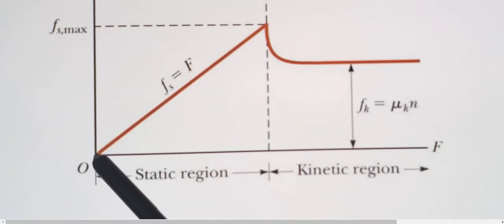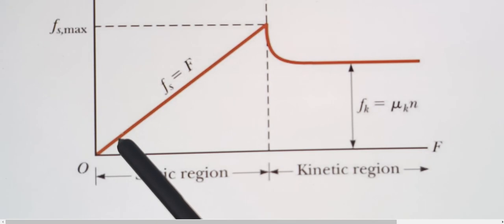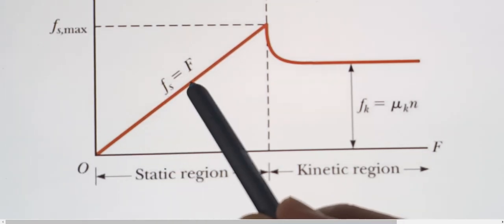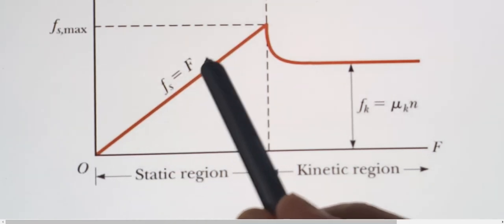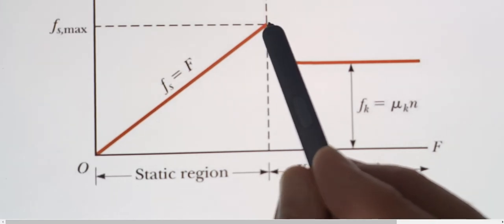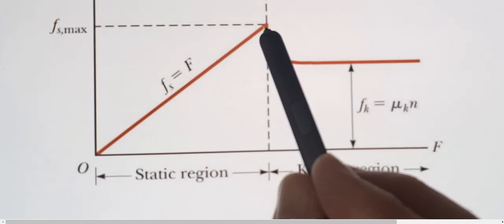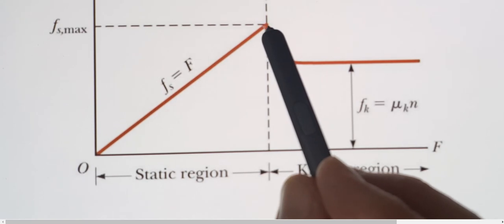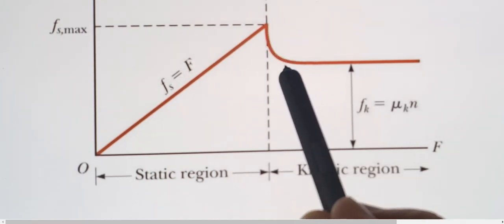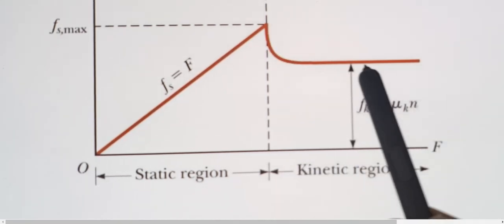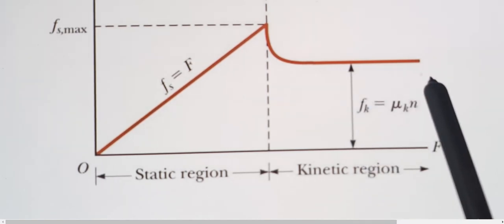So increase the force, the object will not move because friction is increased. Increase again, friction will increase again until you reach friction maximum. And then after that, the object will start moving and friction is less. And that is kinetic friction.